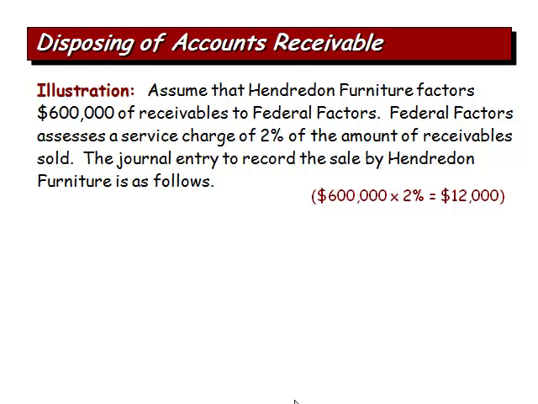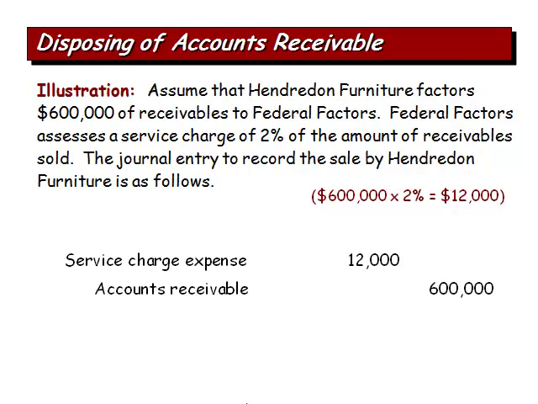So to do this on Hendreden's books, we debit cash for $588,000 we're receiving, we debit service charge expense for $12,000, and we credit accounts receivable for $600,000. So we've just sold all of our accounts receivable, and we sold it for 2%, which is probably a wonderful deal. As I said, in real life, I think the factor is closer to 10%.